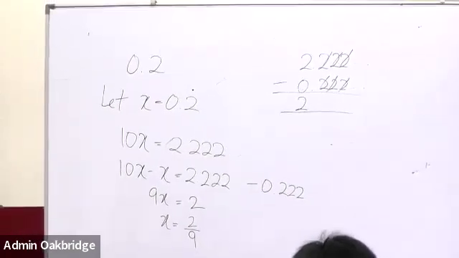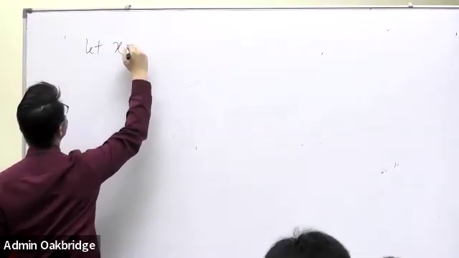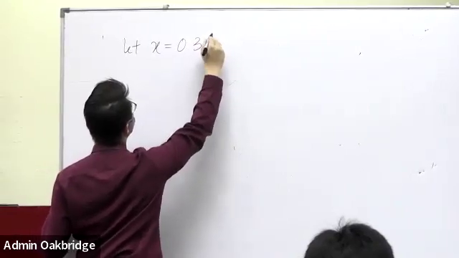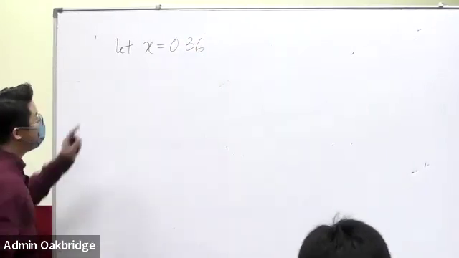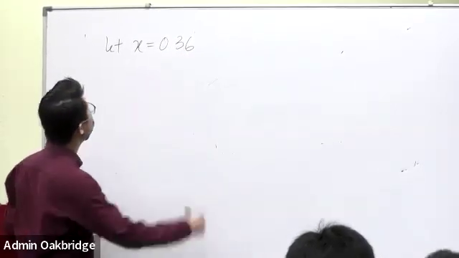Okay, let's look at the next one. Yesterday we started at this question. Again, you can let x equals 0.36 dot. So this is one recurring decimal digit. There's only one digit repeated, right? It's not 3, but only 6.